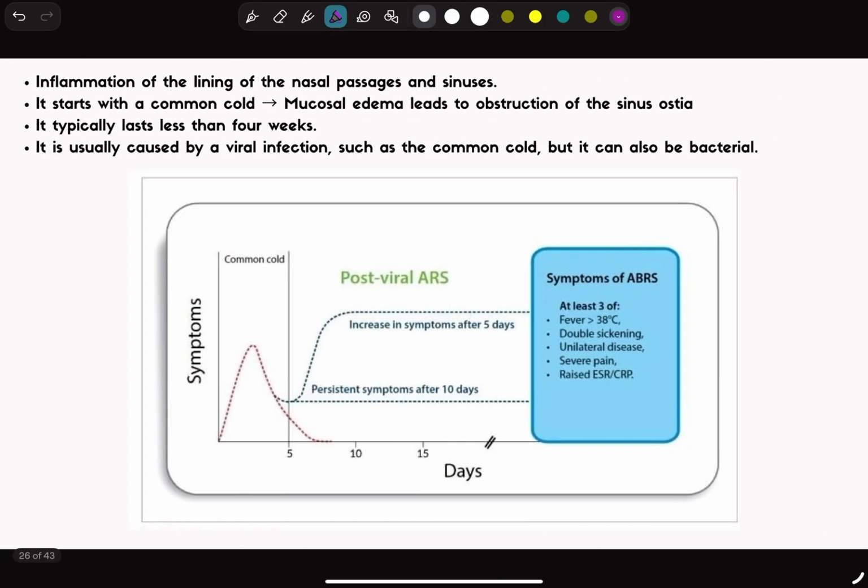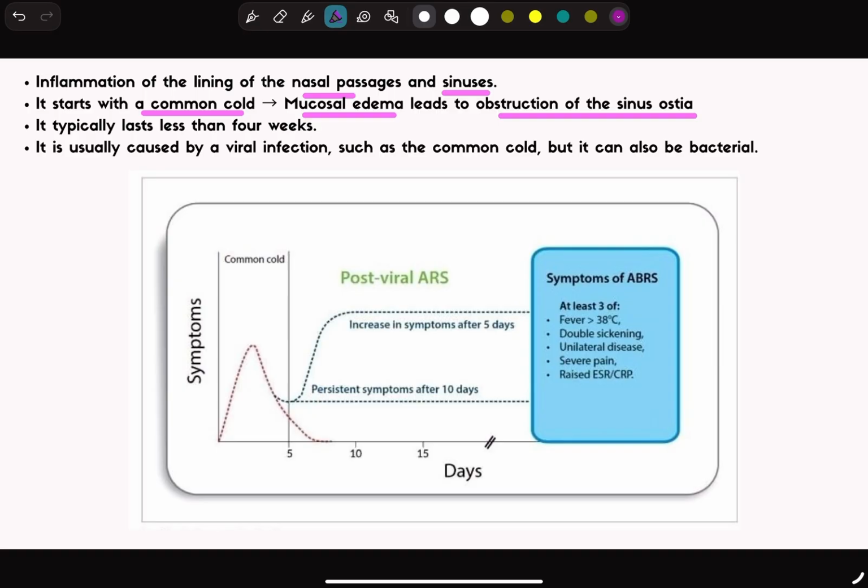What happens is that the patient might have just a common cold, and then it will get swollen and the sinuses will be involved as well. As I said, it starts with a common cold, the mucosa will get edematous, and then it will obstruct these sinuses.